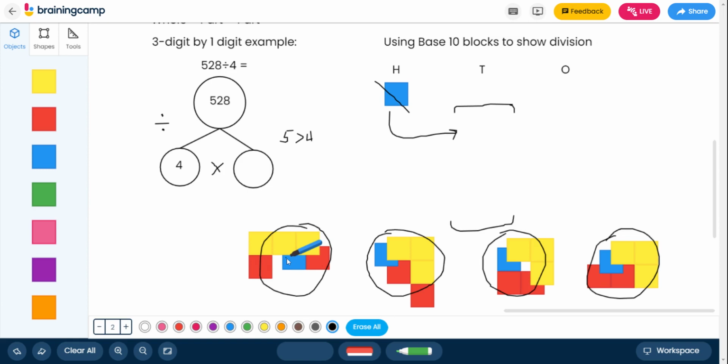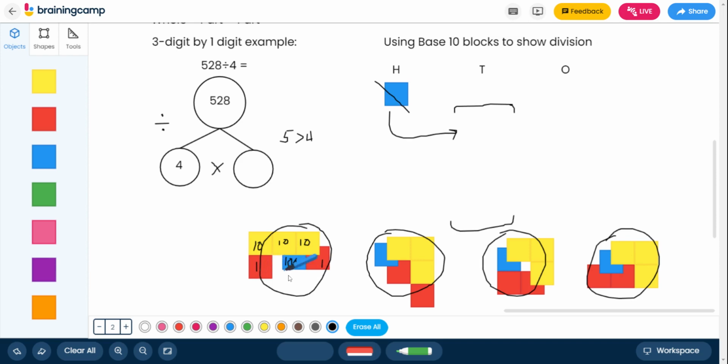We have 1 hundred, which has a value of 100. We have 3 tens here, which has a value of 30 because 1 ten has a value of 10, right? So this is 30, and then we have 2 ones, which has a value of 2.